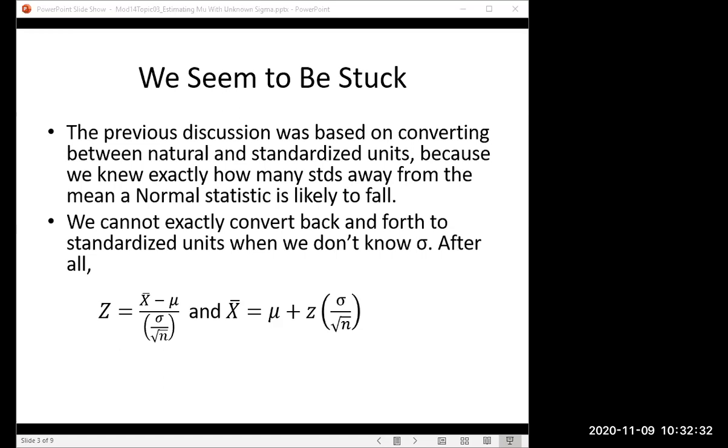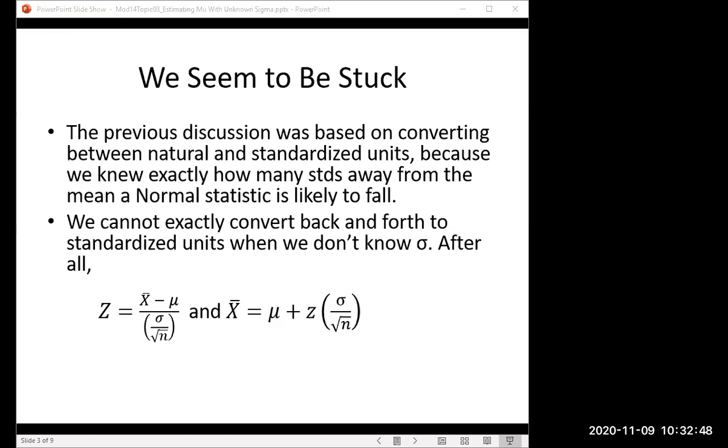So the Z was 2 STDs, and sigma over root n was 1/3 of a minute.